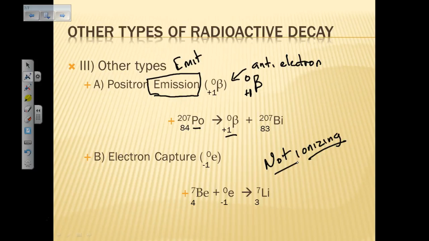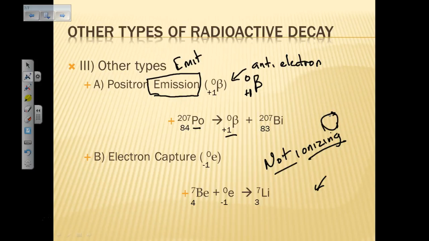So this is an instance where an electron falls into the nucleus and causes a nuclear reaction. It's important to understand that we're not just talking about an electron getting trapped and then orbiting around the nucleus. This is a nuclear reaction where the electron actually will go into the nucleus and cause something to occur.